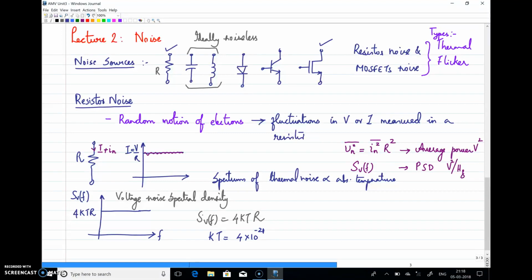Similarly, if I know SV of f, how do I write SI of f, which is the equivalent current noise spectral density? SI of f is the current noise spectral density.